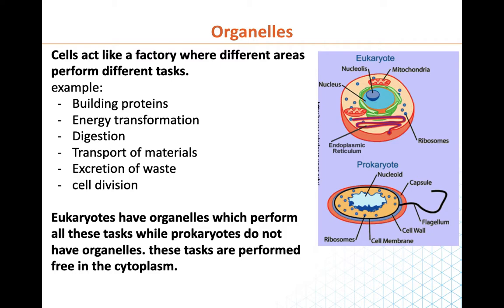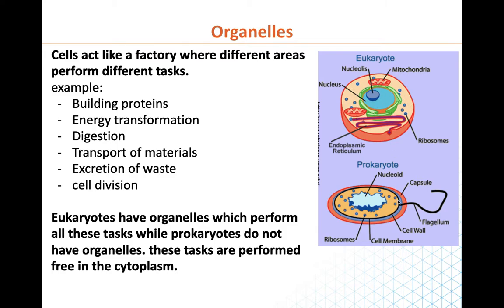Where do we get that ATP? From the mitochondria. We can also see that there is a nucleus. Its job is to control the cell, tell the cell what to do and how to behave. We also have a structure called an endoplasmic reticulum, which we will get into later. Its main job is to create proteins. So you can see that every one of these jobs is compartmentalized into its own specific organelle.